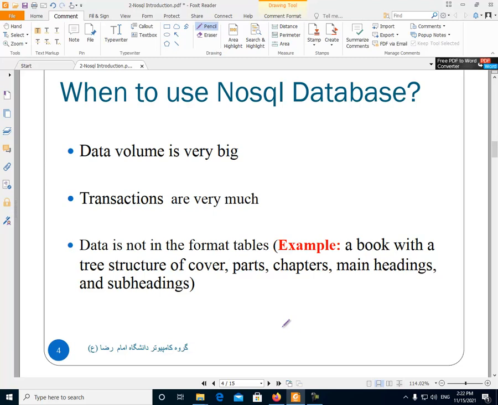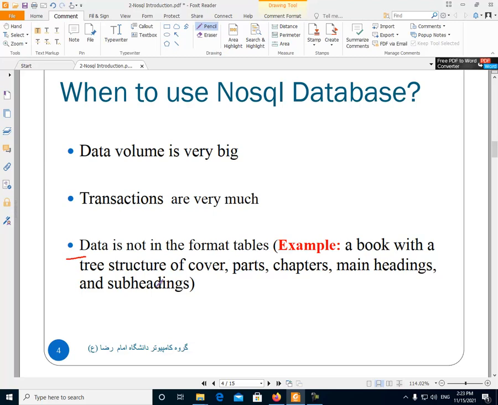For example, about this third one, if we have a book and we want to store some data about books, in a book we have a tree structure. For example, a book has a cover, some parts, some chapters, some headings, and some subheadings.